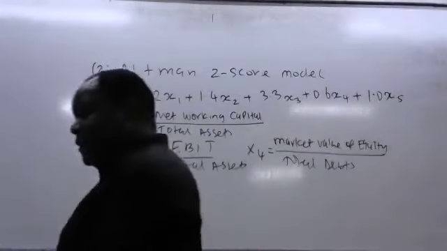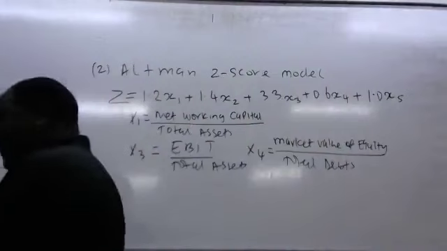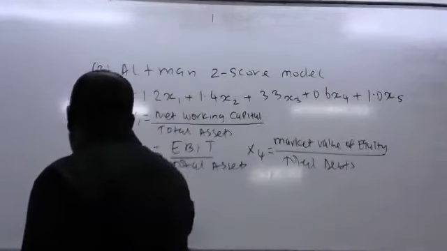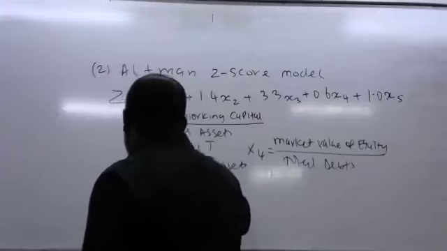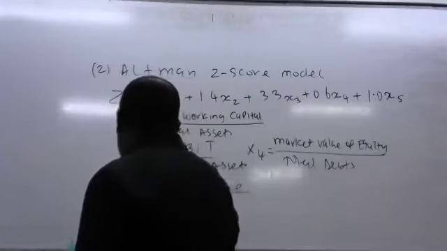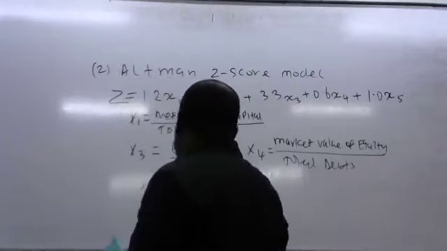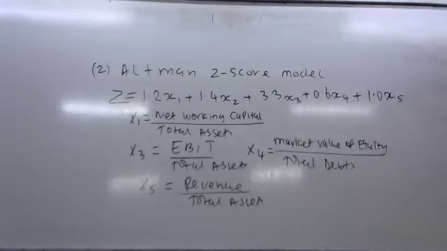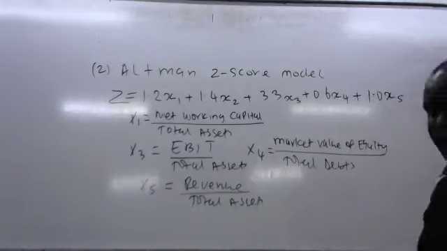And finally, X5. X5 will be revenue. We also divide by the total assets. So X5 is meant to be revenue divided by the total assets.